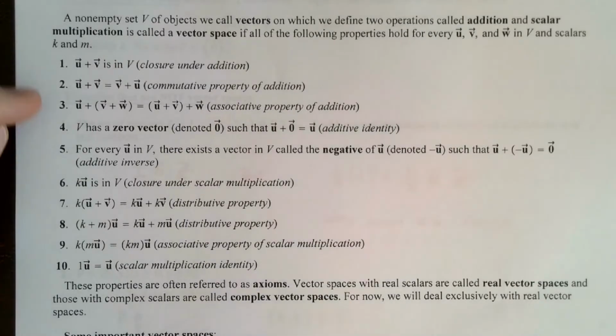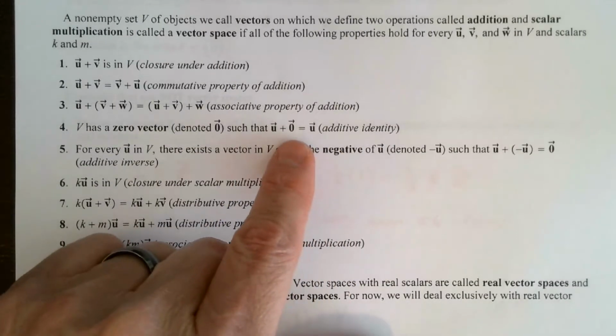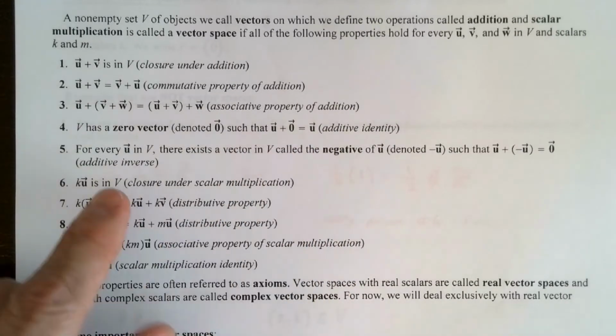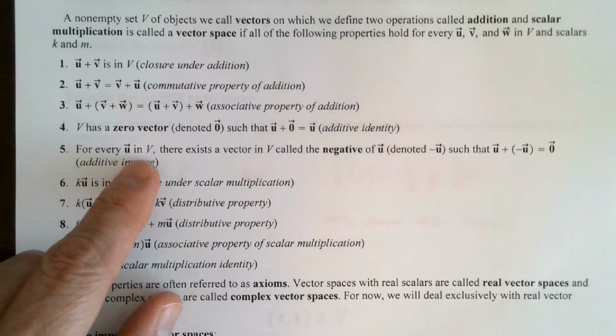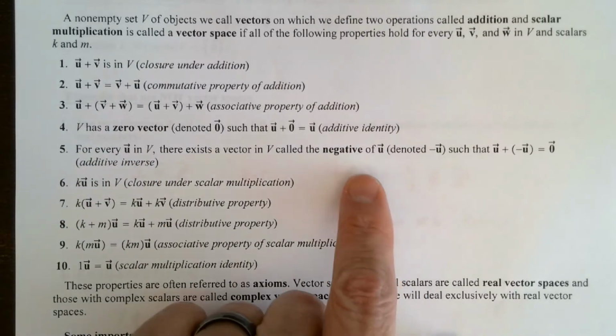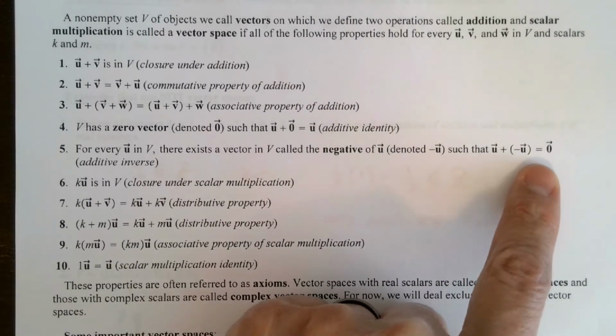We have commutative and associative properties of vector addition. We have the additive identity property, which says that the vector space has something called the zero vector, which we denote that way, such that this statement here is true. The additive inverse property says for any vector u in the vector space V, there exists a vector called the negative of u, which we denote this way, such that if we add these vectors together, we get the zero vector.